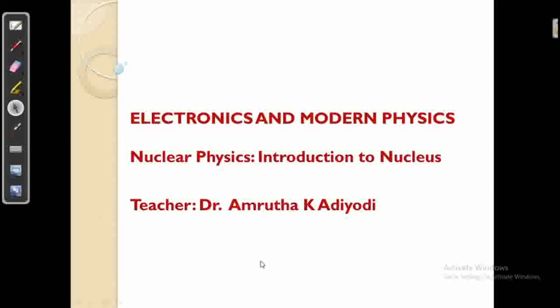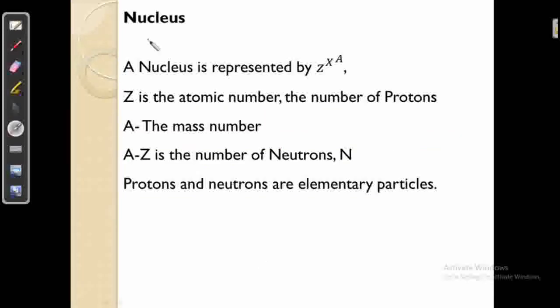So we can start with the nuclear physics, that is, the introduction to the nucleus. Yesterday I posted 1 or 2 introductory videos. In that you can see that the nucleus was discovered by Rutherford's alpha particle experiment, and it was found that an atom has a central positively charged core with electrons surrounding it. Electrons are revolving around the nucleus.